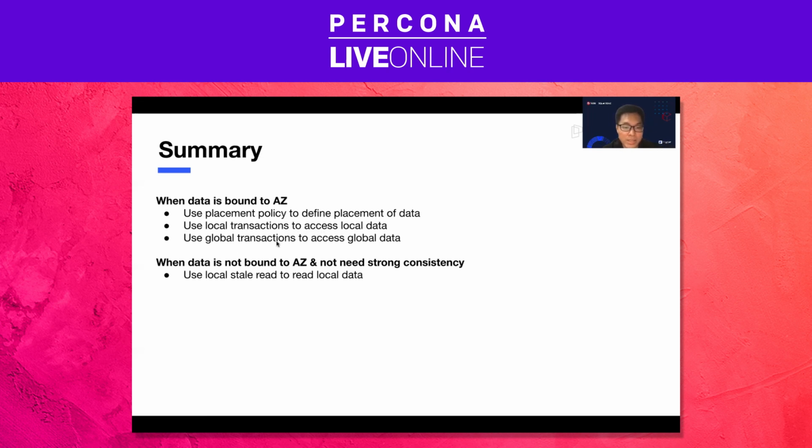When you want to access global data, you can use global transactions. When the data is not bound to any AZ and you don't need strong consistency, you should use local stale read, which just reads local data. Both of these solutions can achieve low latency.